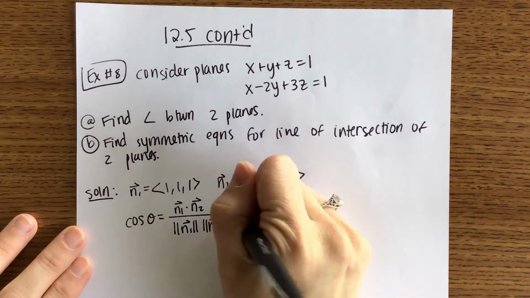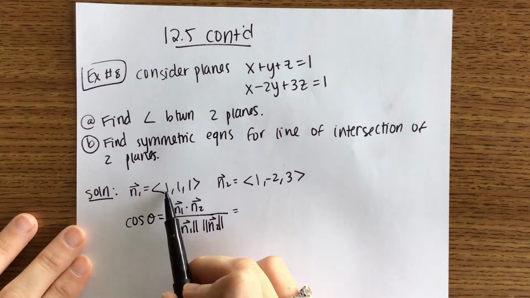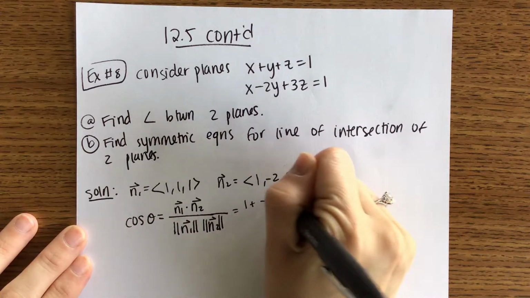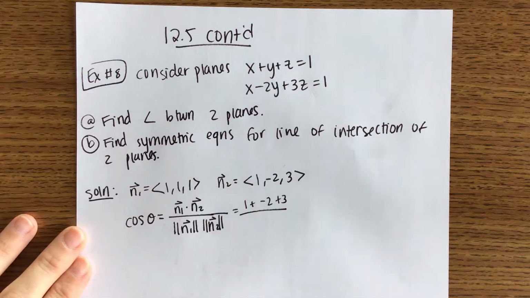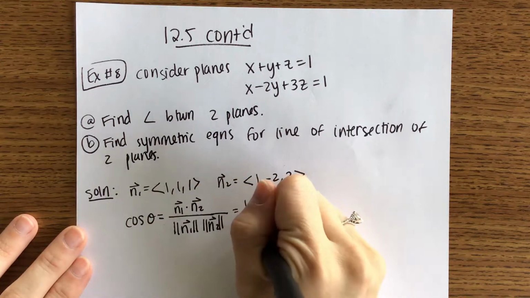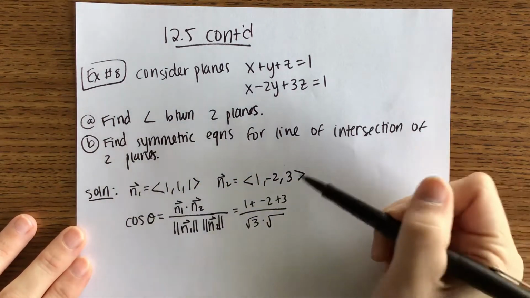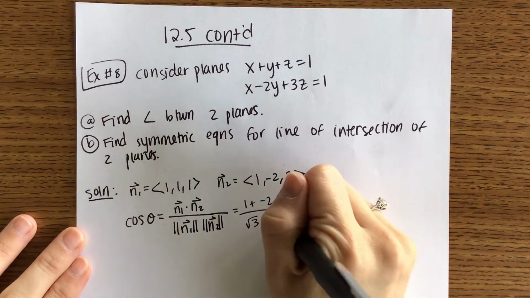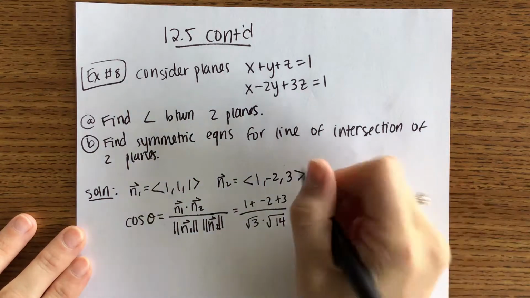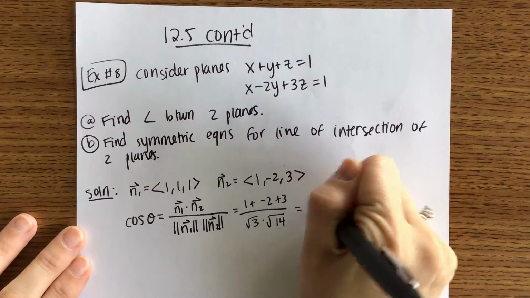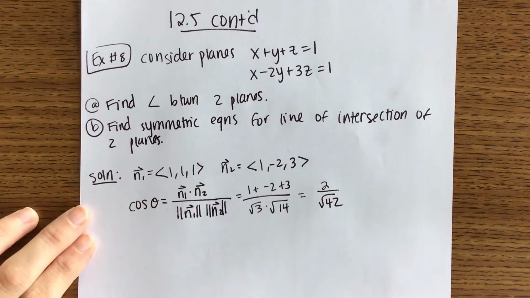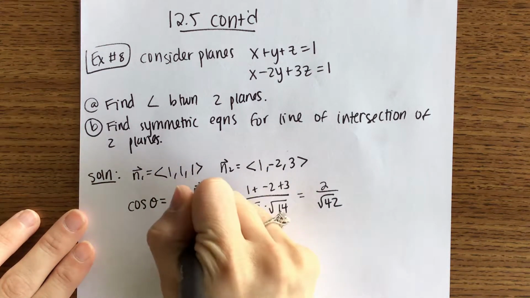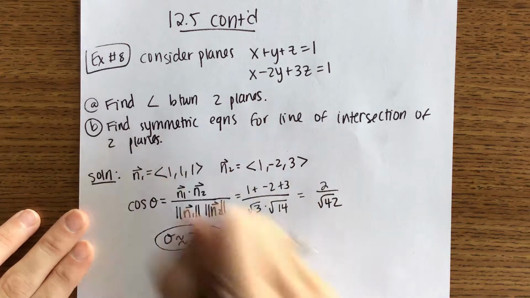Okay, so if we do the dot product, we get 1 times 1 is 1, 1 times negative 2 is negative 2, 1 times 3 is 3. Magnitude of the first vector is the square root of 3. The magnitude of the second vector, we get 9 + 4, which is 13. 13 + 1 is 14. So this is 2 over the square root of 42. Theta then ends up being about 72 degrees.